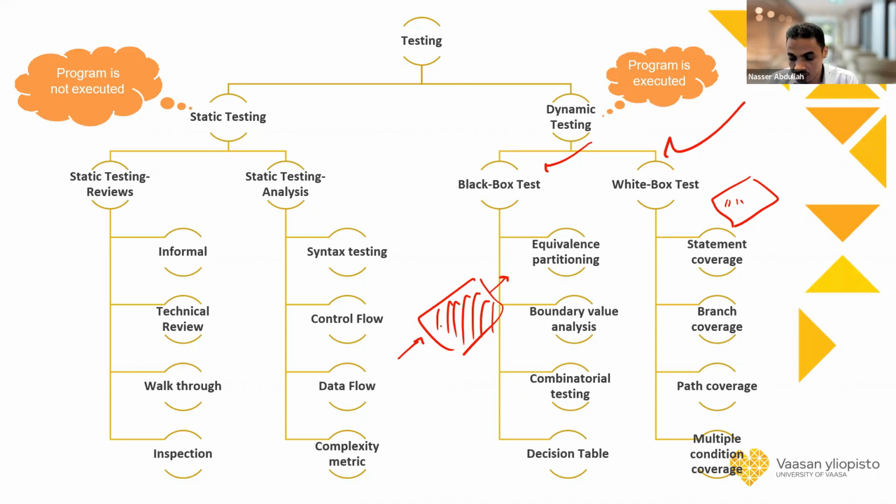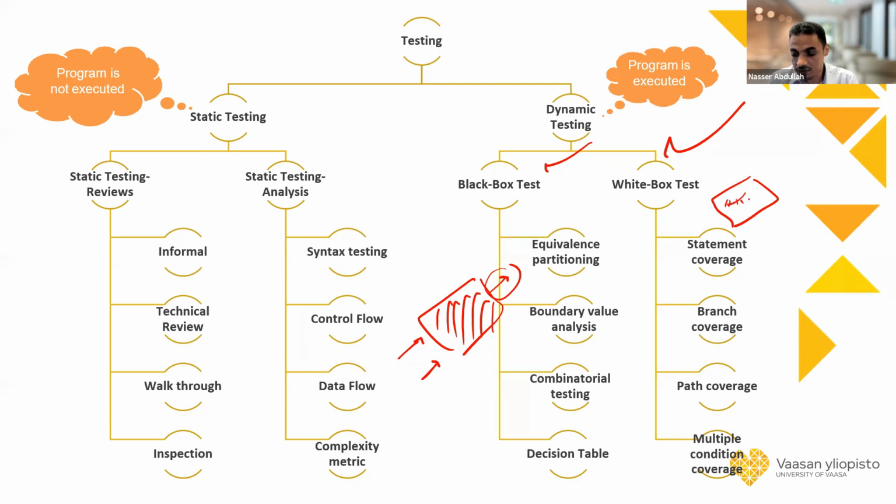Previously, we didn't know anything about the code, so we just generated the input and then compared our output. Here we use different methods that can also help us generate the test cases.